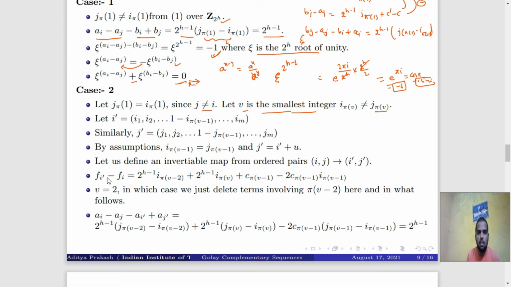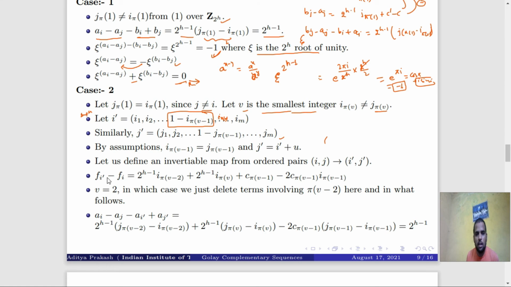Fine. So now let's consider the new I dash, defined in such a way that I dash is equal to i1, i2, and just before v, up to i pi v minus 1, then i pi v, and im up to the im. Similarly, j dash is defined in such a way j1, j2, up to j pi v minus 1, jm.